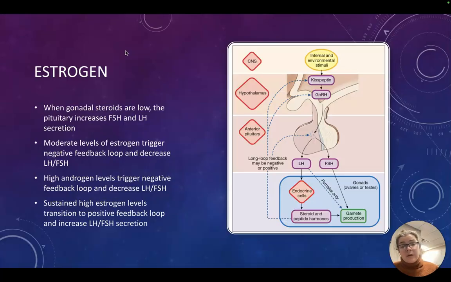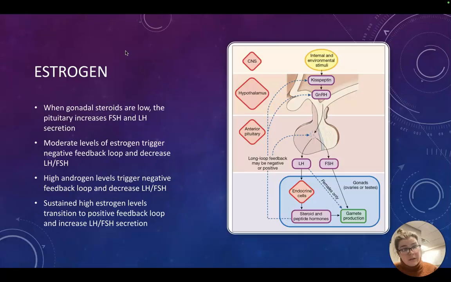In addition, when there are more moderate levels of estrogen, that triggers a negative feedback loop and decreases LH and FSH. High androgen levels, or high levels of gonadotropins, additionally trigger a negative feedback loop and decrease LH and FSH.